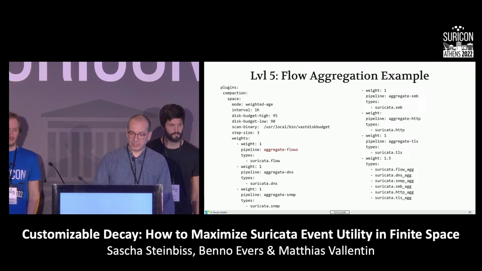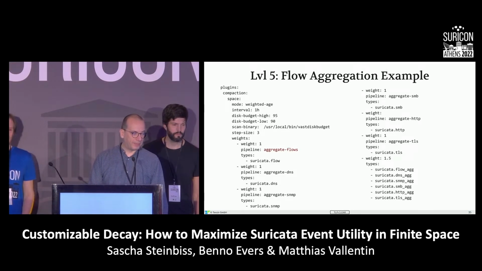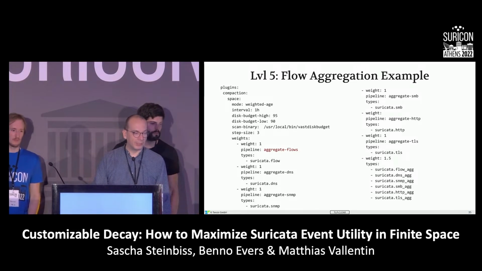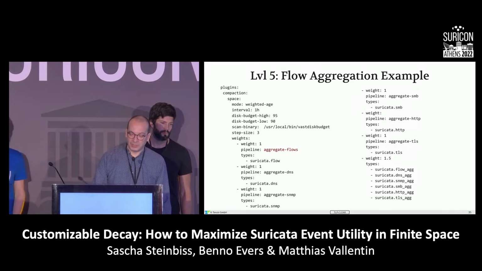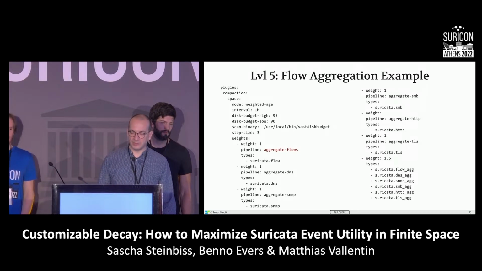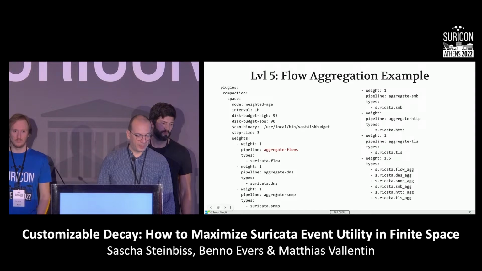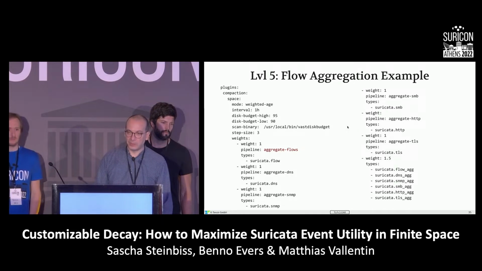To look at something slightly more involved, we're looking at level 5 now, including compaction with aggregation. Again, we're looking at a space-based compaction configuration, but this time we have an additional section that specifies weights. For each type that VAST knows about that deals with Suricata EVE JSON, so for example flow, DNS, SNMP, SMB, HTTP, and TLS, we have defined a processing pipeline that does the aggregation.